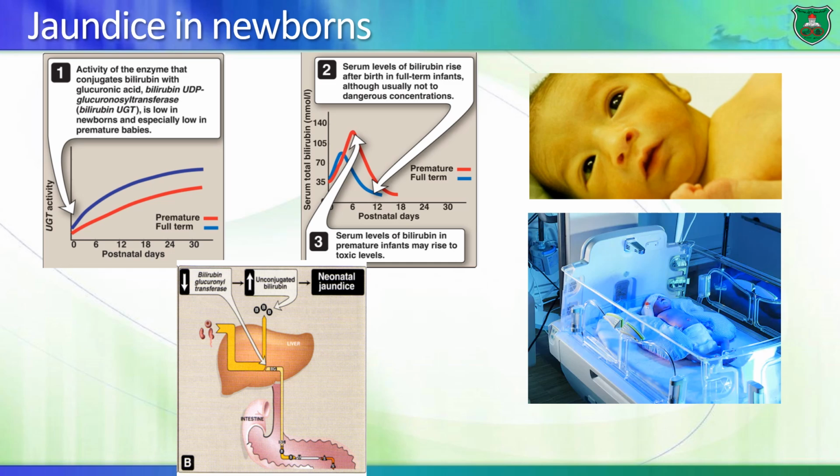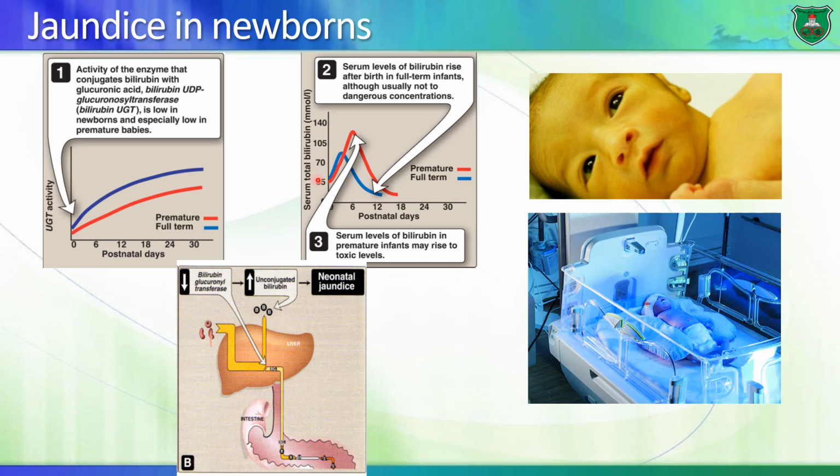The problem is with premature babies. The activity of the enzyme is not very high, and that results in overproduction of bilirubin that cannot be conjugated, and this bilirubin would leak out. It goes into the central nervous system and it can damage the brain.